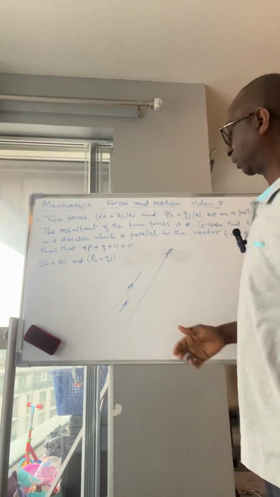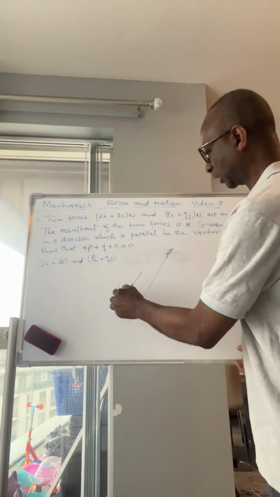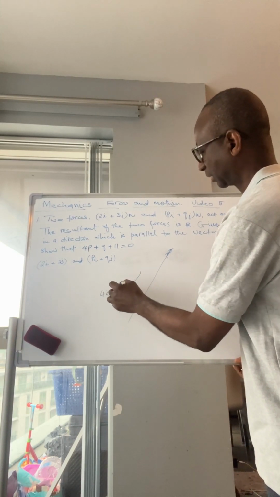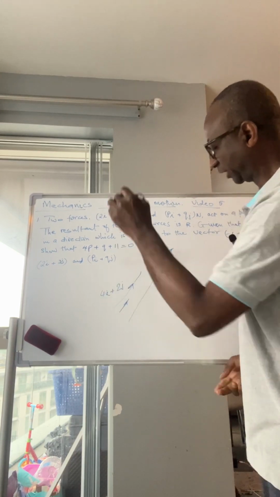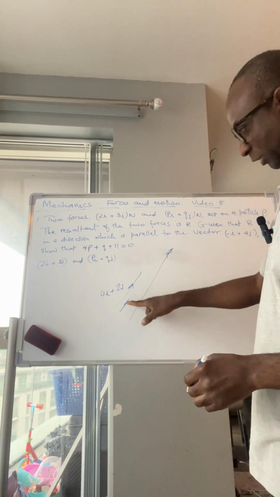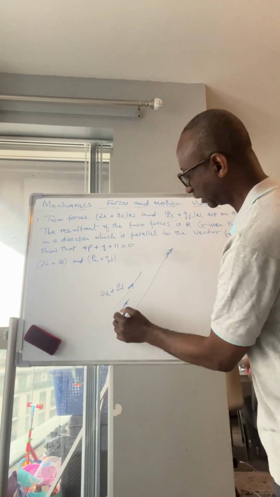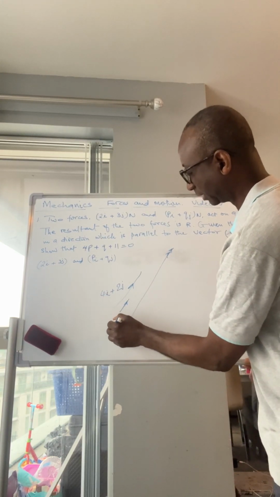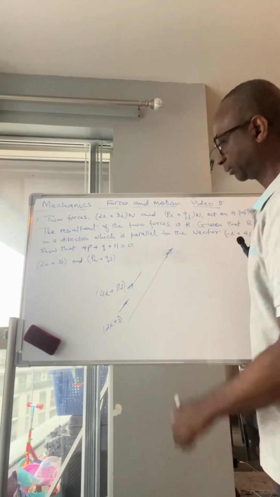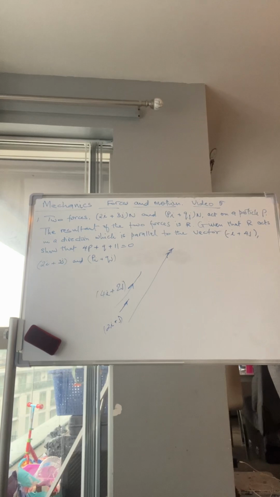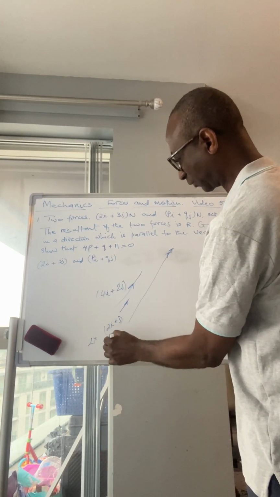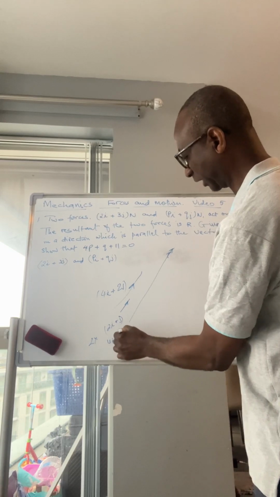If this vector, for example, was 4i plus 2j, this one is shorter, so it could be 2i plus j. That tells you one is a multiple of the other. If you multiply this by 2, you get 4i plus 2j.